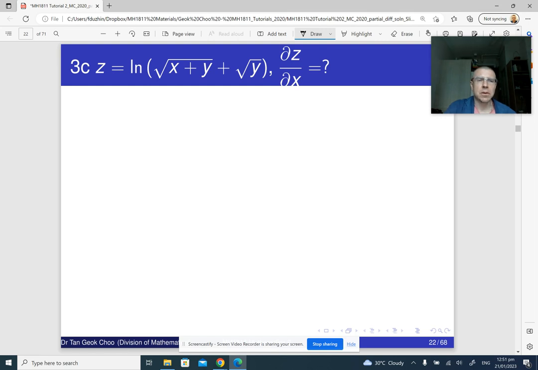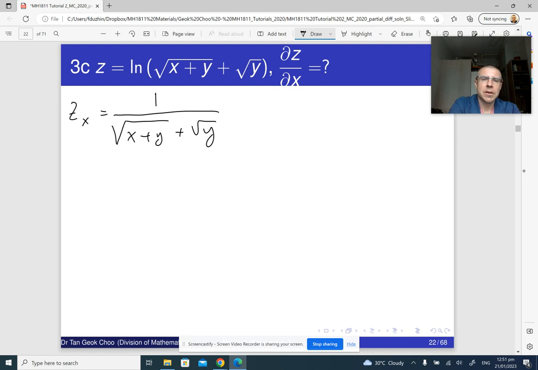All right, now here is the expression, and we've got to differentiate z with respect to x, not at any particular point, but in general. So we just use the differentiation rules. So dz/dx is what? The derivative of a logarithm is 1 over whatever is inside the logarithm, so 1 divided by the square root of x plus y plus the square root of y, times the derivative of this.